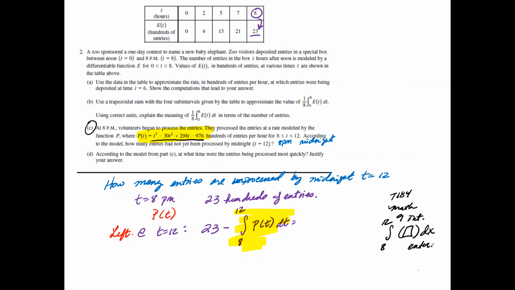So then when you do that, you should have 16 right here. Don't forget 23. What's 23 minus 16? That does give you 7 hundreds of entries left.